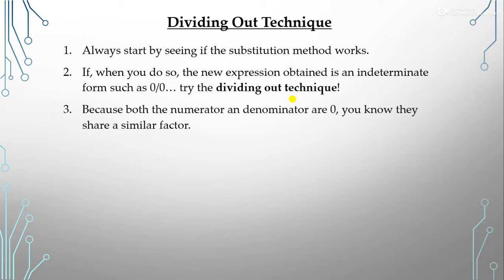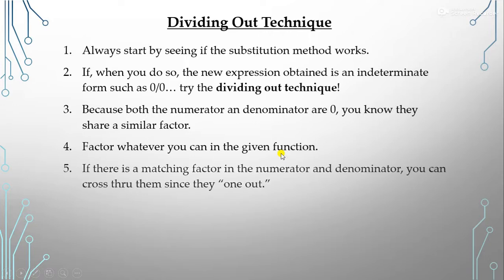So what is this? Because both the numerator and denominator are 0 in the indeterminate form, that is, the numerator is 0 when you put the direct value of x, and the denominator is also 0, they share a similar factor. It means you can factorize the function.